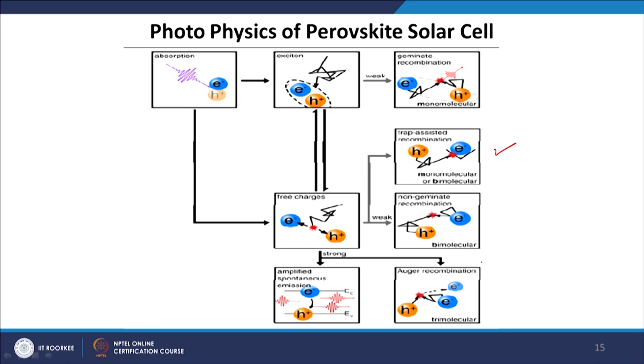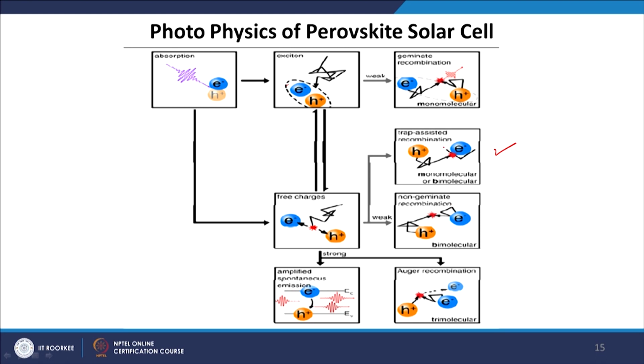To summarize this whole process once again, incident light generates a bound electron hole pair, but these pairs are bound loosely. Two things can happen: either the bound pair disintegrates into free charge carriers, free electrons and holes, or under weak light intensity they undergo band to band geminate recombination, which is a monomolecular recombination. When you have free charge carrier decay, the free charge carriers can undergo two kinds of recombination. Under weak light intensity there can be non-geminate recombination, which is free electron hole recombination, a second order recombination, or there can be trap assisted recombination.